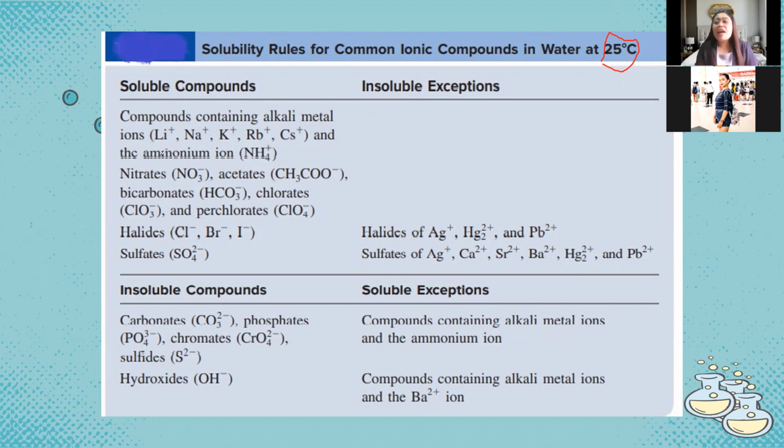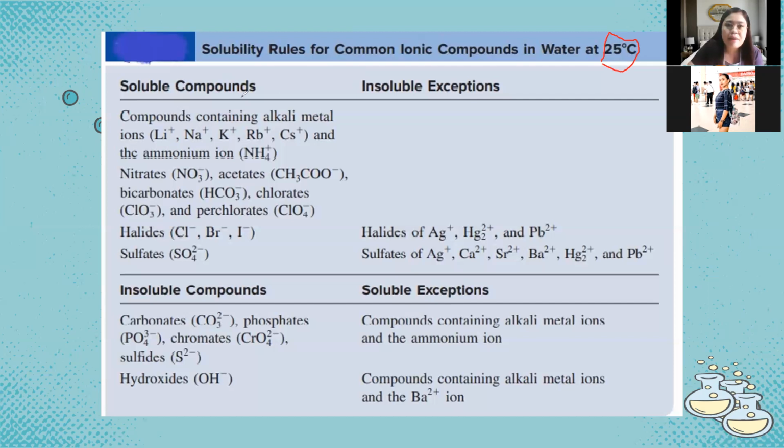So kagaya ng example ko a while ago, sodium chloride. Meron siyang sodium, class. So expected talaga na madedissolve siya sa water. Okay? Even the potassium nitrate, potassium chloride, kapag meron silang alkali metals sa formula nila, automatic they will be soluble sa tubig.